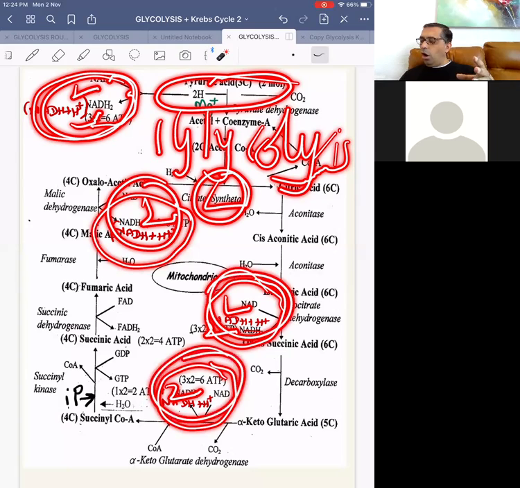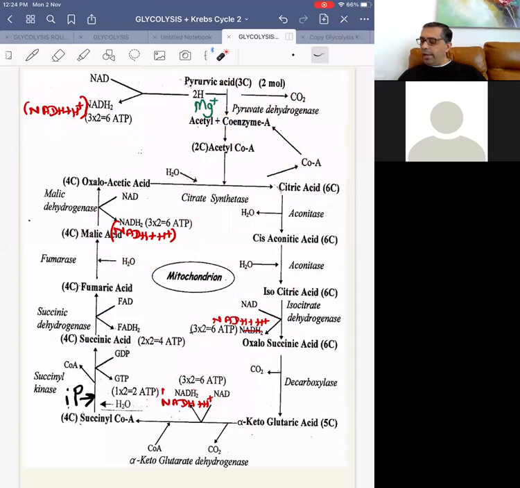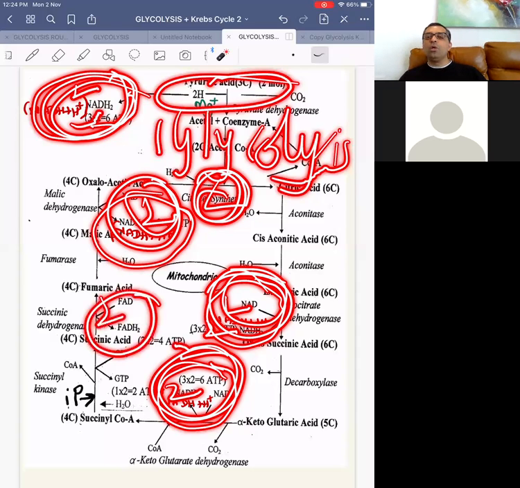So a total of 2 plus 2 plus 2 plus 2 plus 2, a total of 10 NADH plus H plus. And we have 2 FADH2. Here also there are 2 molecules, so 2 FADH2.